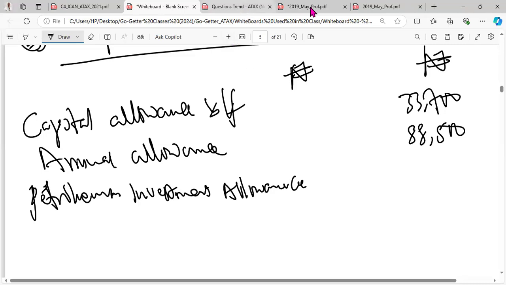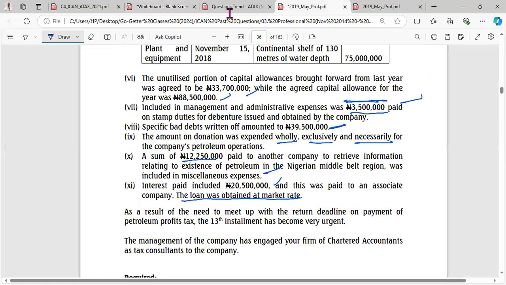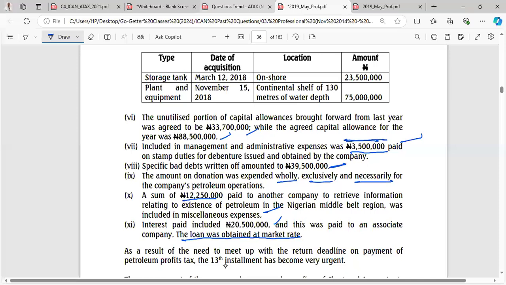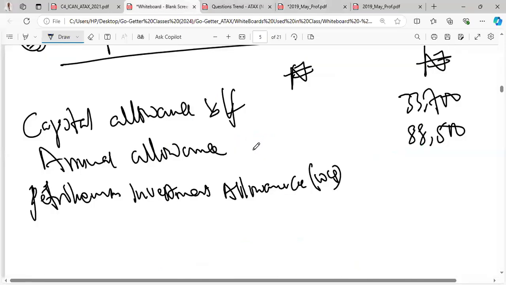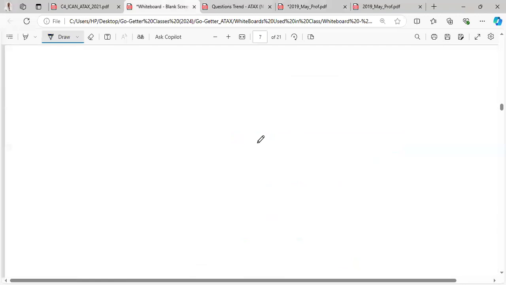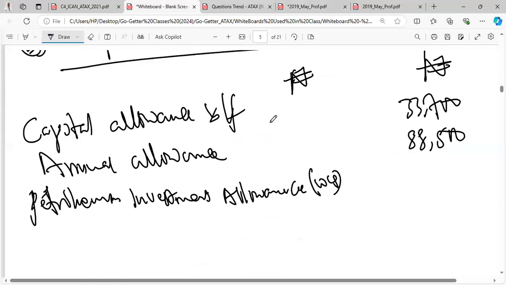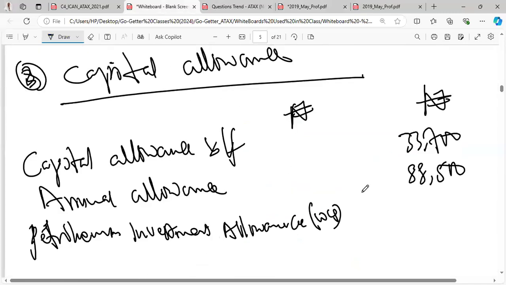You look at all the assets bought in 2018 and you check their location. So you go and calculate PIA now. So this should be workings 4. Oh, we are in workings 3 and we are calculating workings 4 to do workings 3.